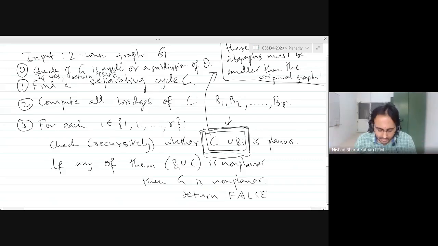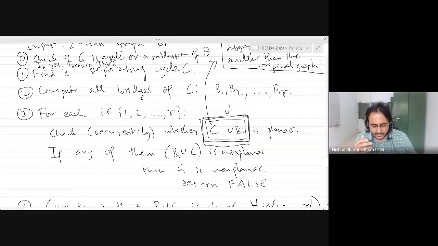But in the assignment, we are going to ignore the certificate details and just assume that the algorithm returns true or false. If you want, you can include the certificate and do everything in polynomial time.